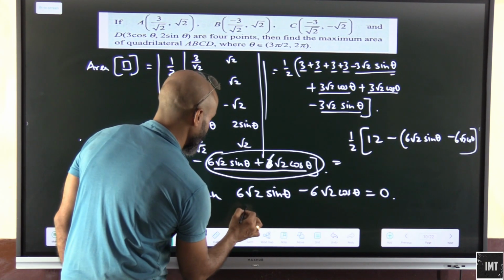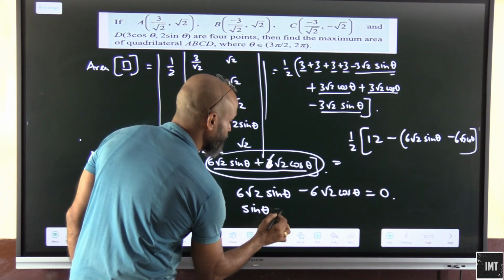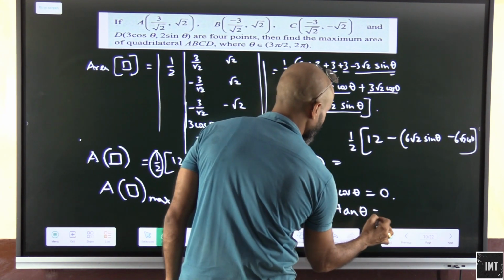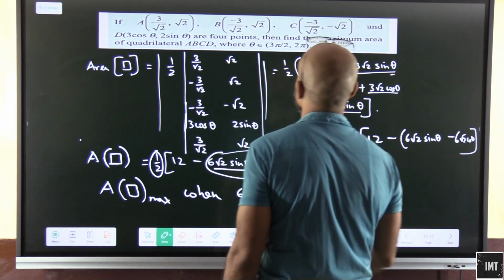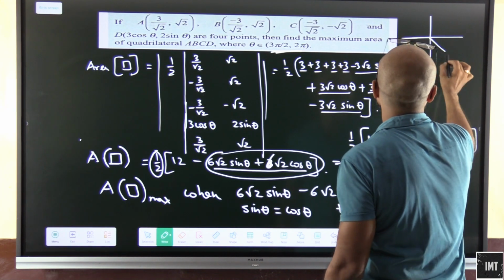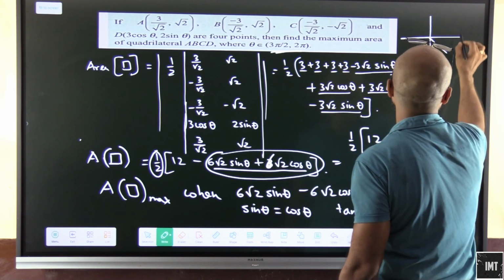We can write this as half of 12 minus 6 under root 2 sin theta, minus 6 under root 2 cos theta. So it means that sin theta becomes equal to cos theta, or tan theta becomes equal to 1. And look at this, theta is in between 3 pi by 2 and 2 pi.